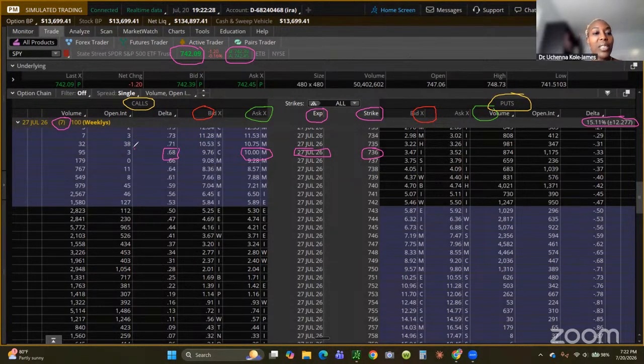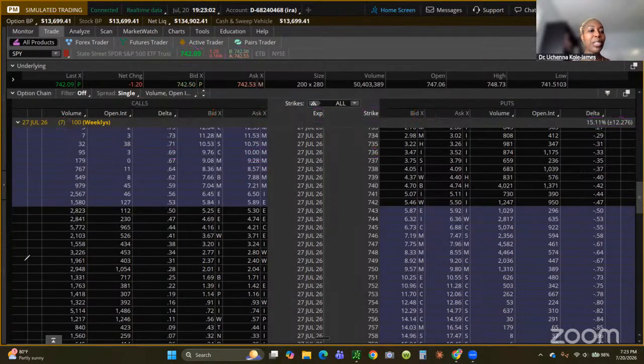This open interest is only 3. That's not good. We want our open interest, which is how many actively traded option contracts are out there, to be over 100. The more open interest our option contracts have, the easier it is to get in and out of our option contract. So I don't like that option. I'm not going to buy that option.